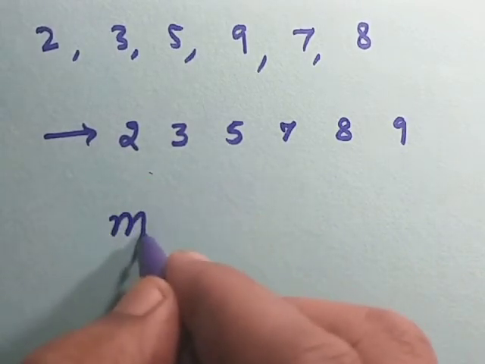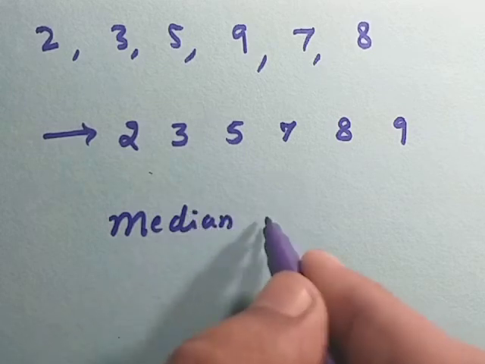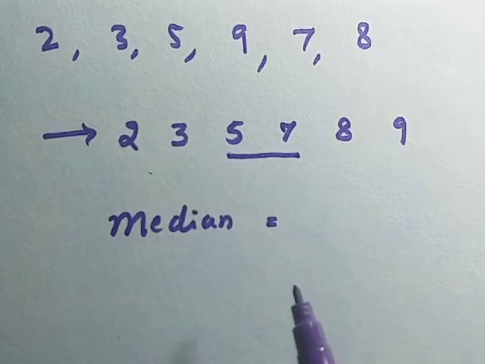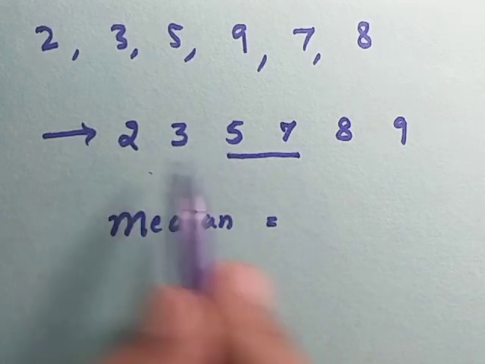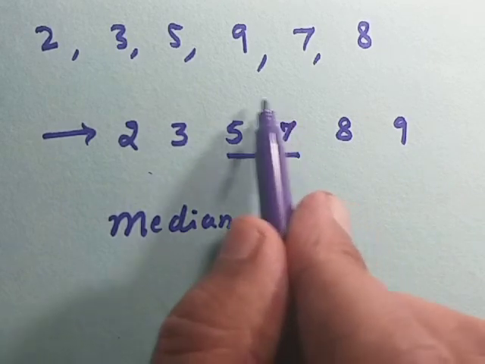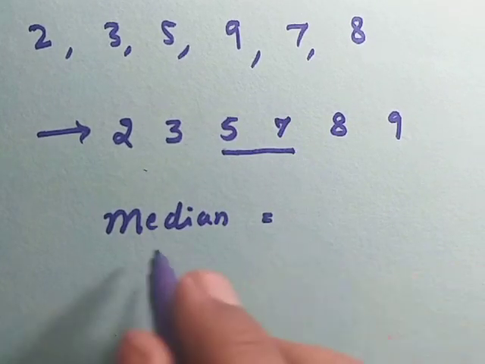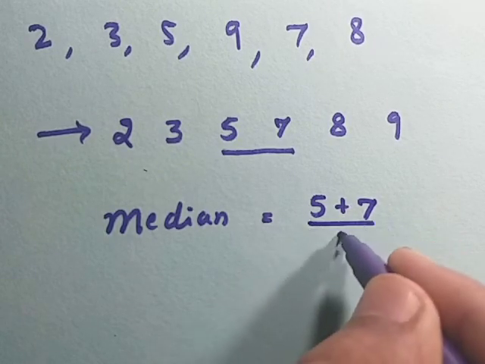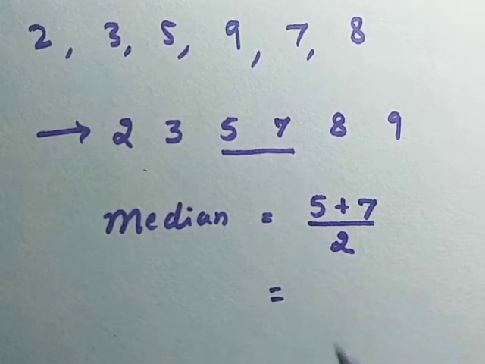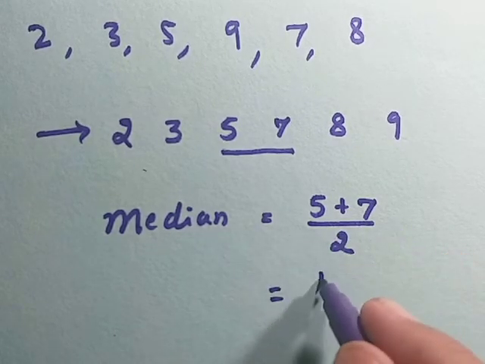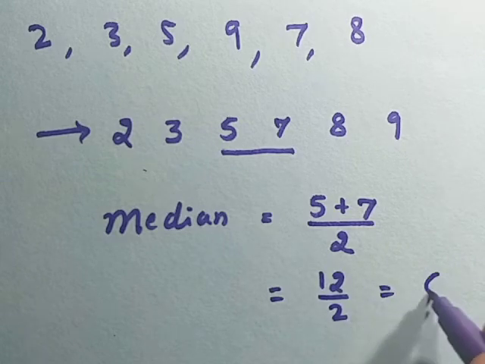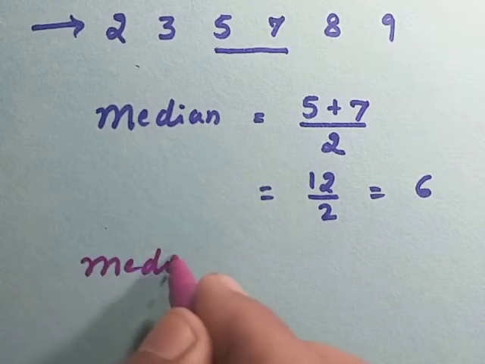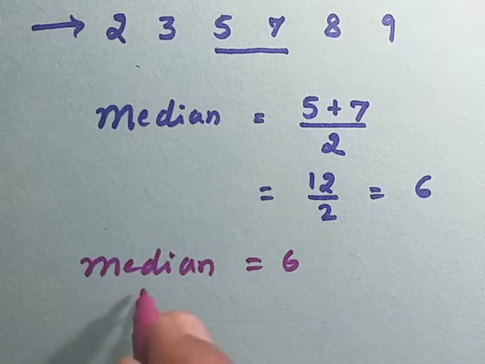Now its median is equal to, take the middle 2 entries. On the left side there are 2, on the right side there are 2, leave those aside, and take these two and find their mean. That becomes our median. That is 5 plus 7 divided by 2. This gives us 12 divided by 2, that is equal to 6. Therefore, the median of the above data is equal to 6.